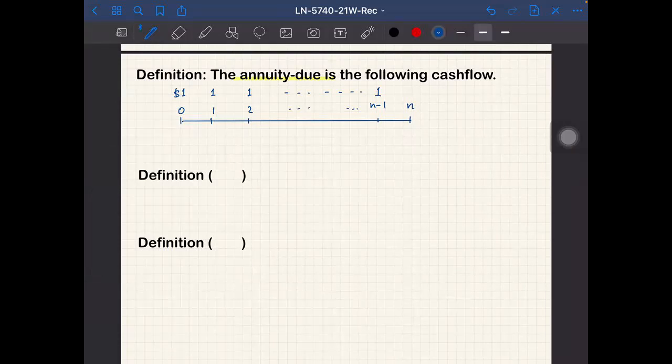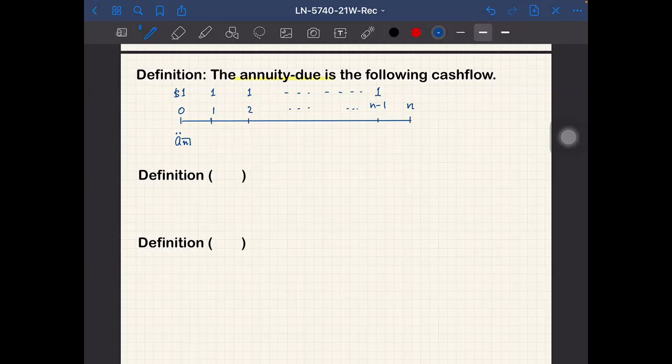So this is the definition of annuity due. So what is the present value of annuity due? That has a slight difference from the A right angle n. So we write A double dot angle right angle n.